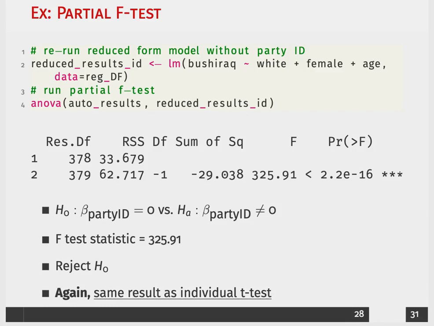Again, this is the exact same result that we would get if we did an individual t-test. I just want to drive this home because it's essentially a couple of different ways of looking at the same thing from different angles.